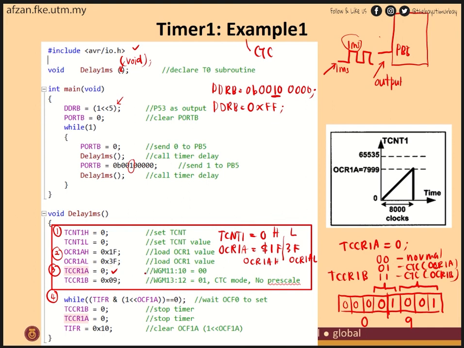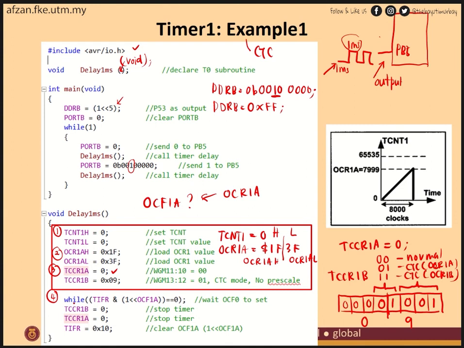In this case, we're going to monitor what flag here? OCF1A. Why OCF1A? Because you're using the OCR1A. Since you're using a CTC mode and the OCR1A register, that's why we need to monitor the OCF1A flag.